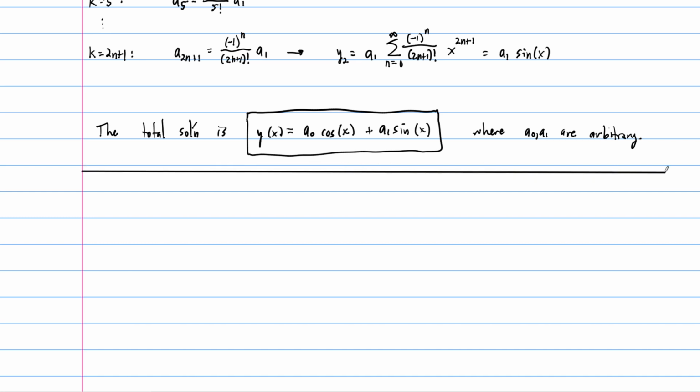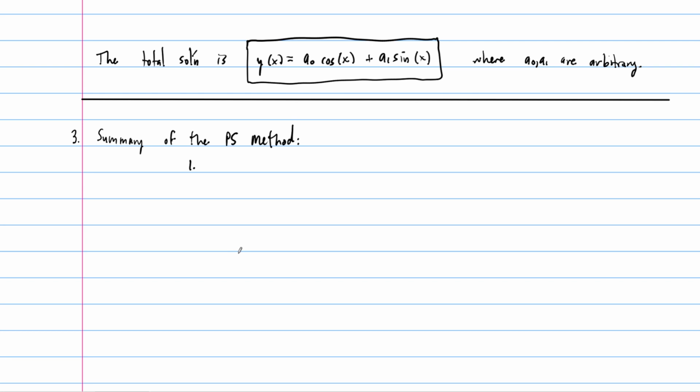So let's now write down a summary of the process, and then we'll do another example. So, summary of the power series method. Number 1, and this is just exactly what I just went through, but I'm going to write it down so that we have it documented.